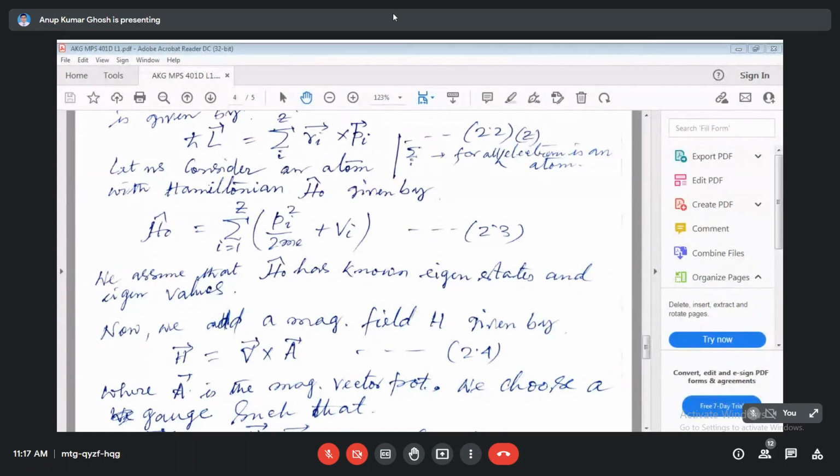Argha? Present, sir. Aritra? Present, sir. Bikon Rabha? Yes, sir. Biplab Mandal? Yes, sir. Vishnu? Present, sir. Gauri? Jyotsna? Present, sir.